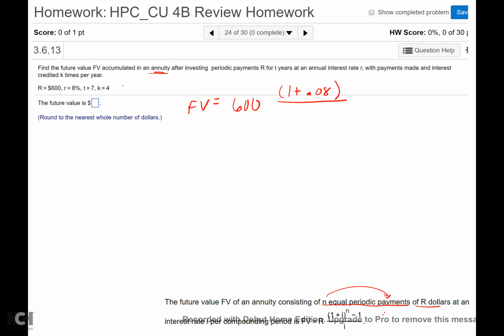And interest rate I. We have to figure out our I.